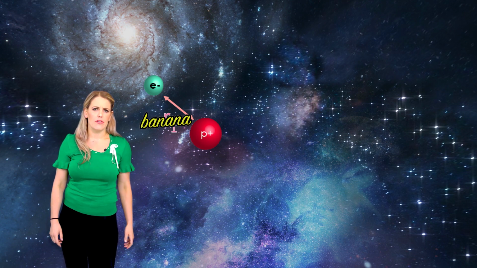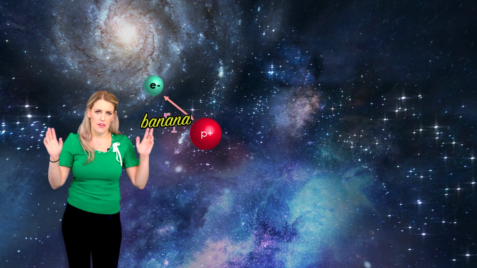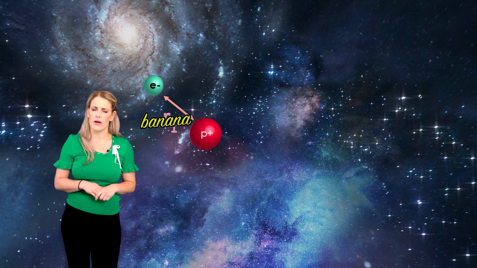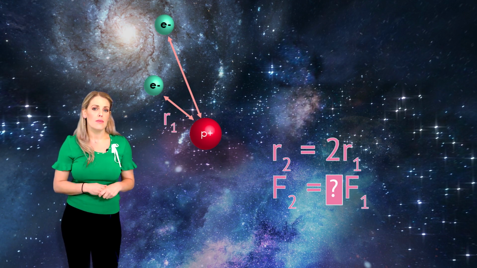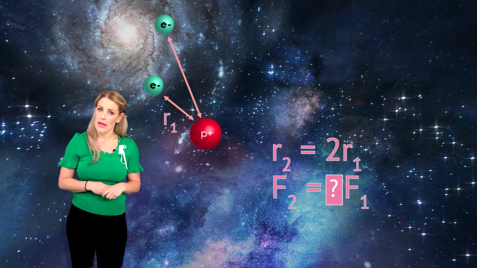You can call it banana if you like, but generally I've found R for radius to be more helpful. There will be a force on the electron towards the proton, right? If instead the electron is at a distance R2, where R2 is 2 times R1, can you work out what the proportional force will be?